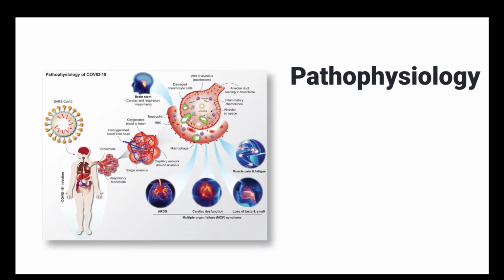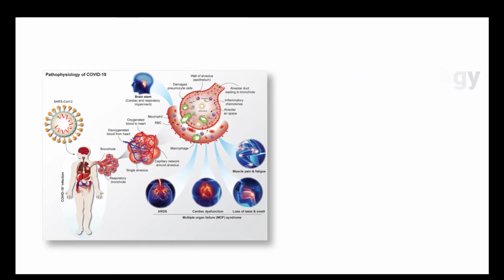And then, under physiology, we also have pathological physiology, or what we call pathophysiology, which is when we are studying the effects of disease on specific organs. So, these are the physiological changes brought about by a disease.